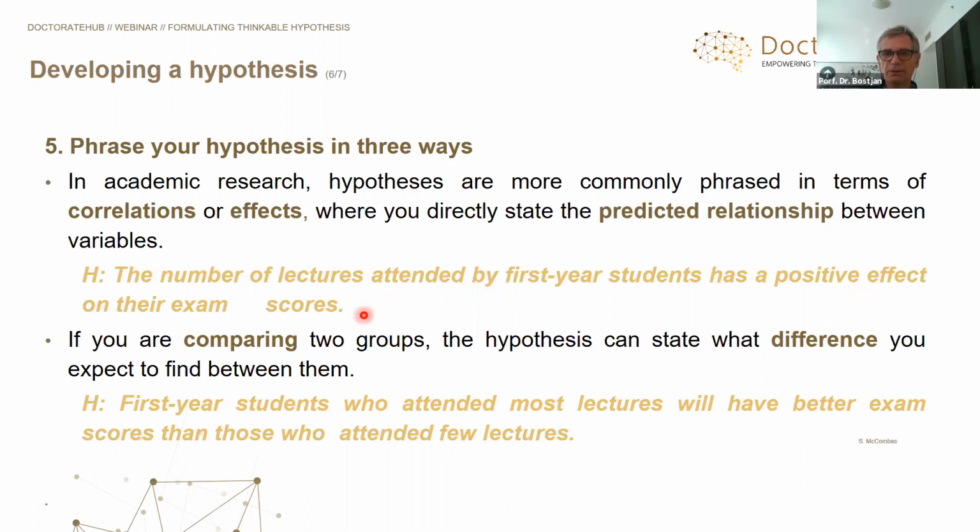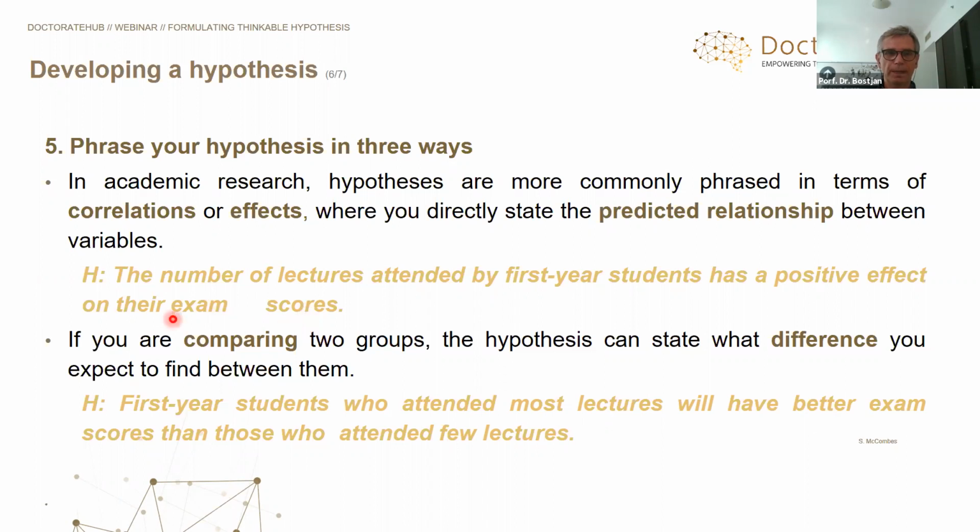So it is a little bit different, because now we are talking about the number of lectures and it is clear what we are trying to measure here, what we are trying to research here. That means first-year students, the number of lectures and the exam scores, three different but extremely clear terms which will be tested.